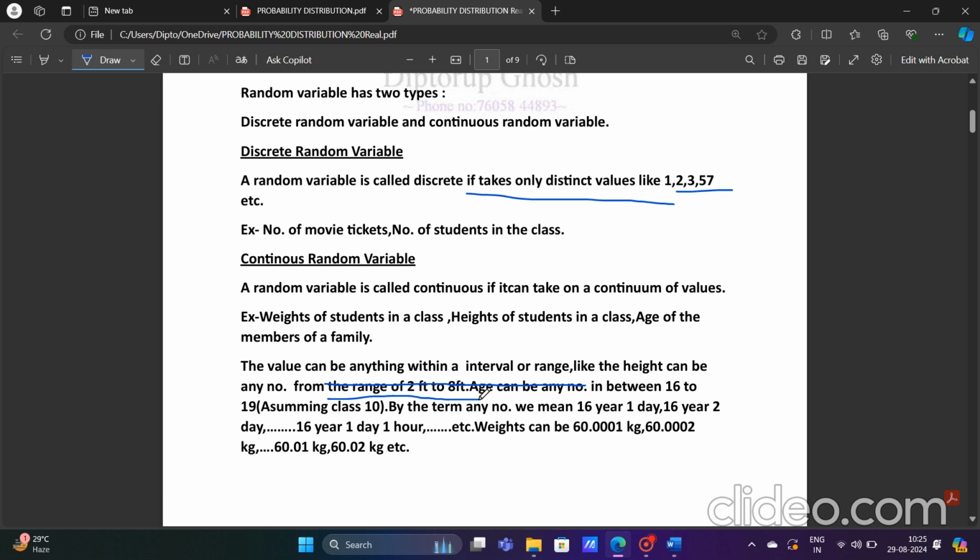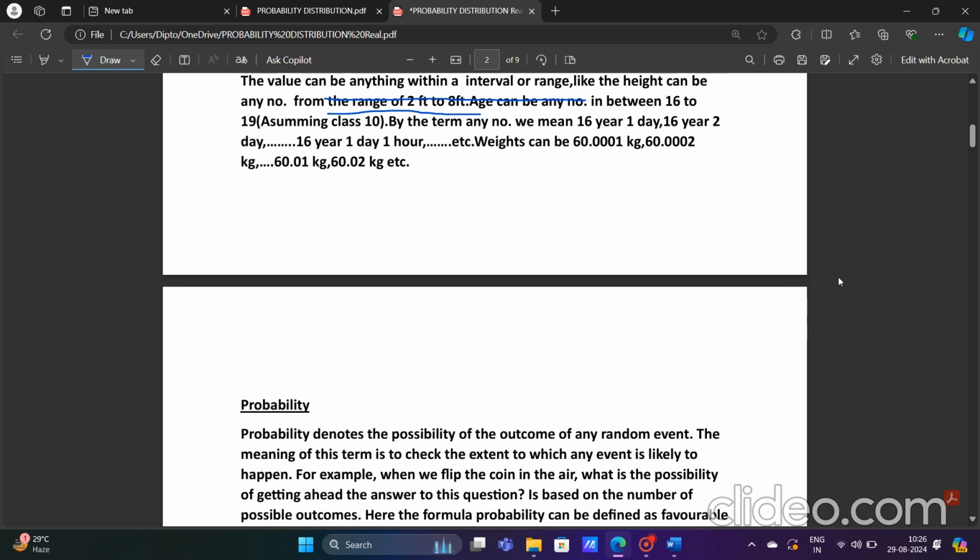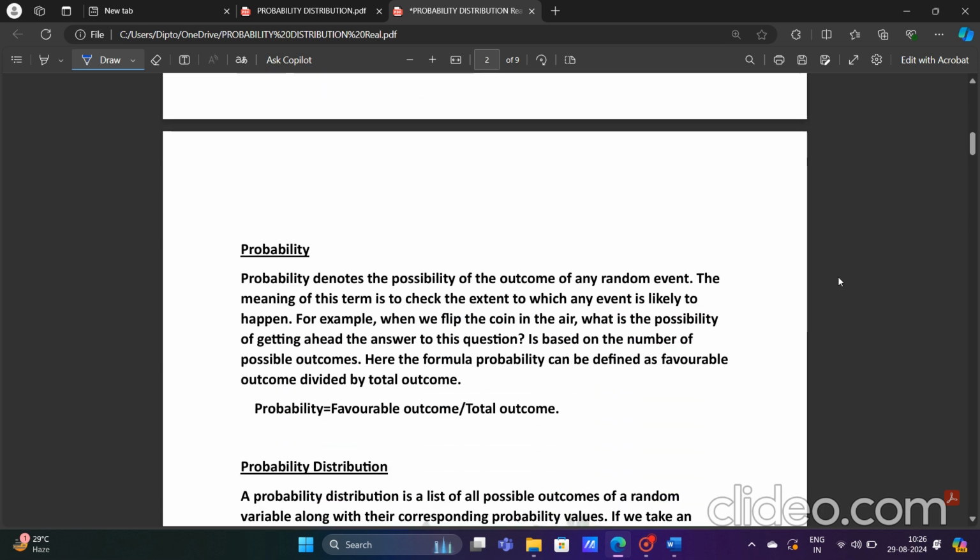I can find a student who has the age of 17 years 3 months and 2 days. So here I can't say that my variable will take a distinct value. Here my variable will take a continuum of values, or it can take any value within the specified range. So this type of random variable, in which the variable is taking a continuum of values, is called a continuous random variable. I hope this is clear.